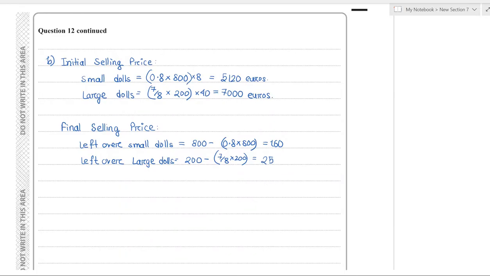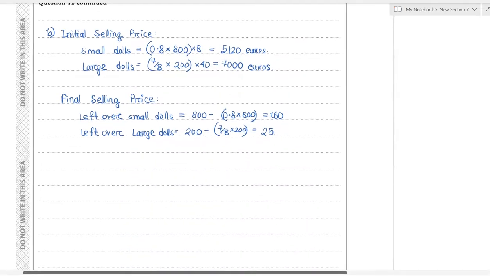25 large dolls, and each of the large dolls and small dolls were sold at a 40% reduced price. That means 60% of 8 euros and 60% of 40 euros.